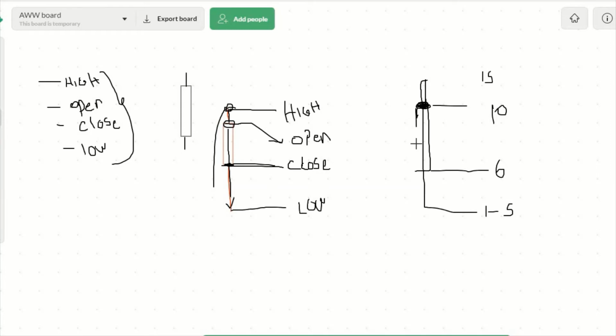You fill in the body like this, and this is how it's formed. Hope you understand what I'm saying. So price opens at $10, goes up to a high of $15, then pushes all the way down to a low of $5 and comes up and closes at $6.